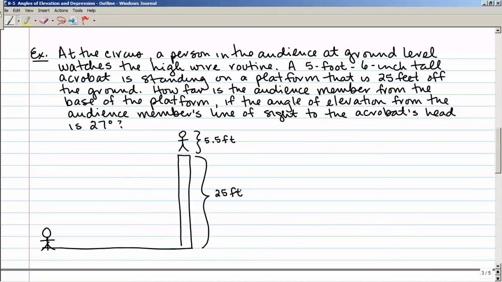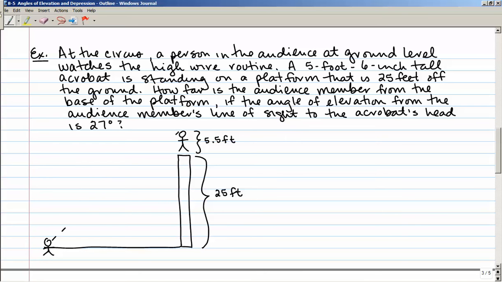And we know that the angle of elevation, so this angle, actually, I'm going to draw this person sitting at ground level. So let's imagine he's in a chair right here. Okay, there we go.